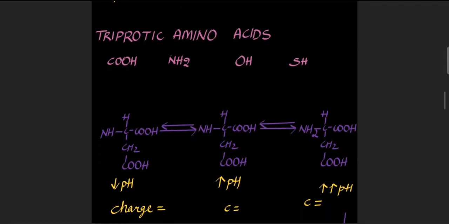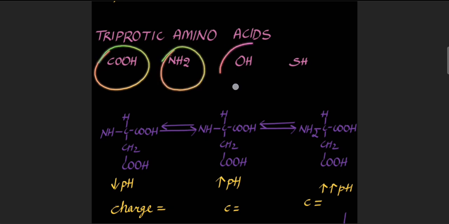Okay, so the triprotic amino acid could at least contain these 4 groups. It could be a carboxylic group, it could be an amino group, it could be a hydroxyl group, or it could be a thiol group. It all depends upon what amino acid we are talking about. All these functional groups have different pKa values.